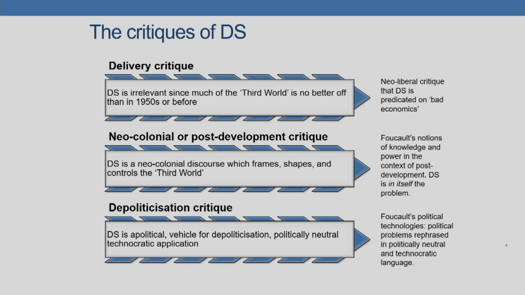So the delivery critique is mostly talking about the fact that development studies as a discipline is probably irrelevant, since much of the third world today is no better off than what it was in the 1950s or before.